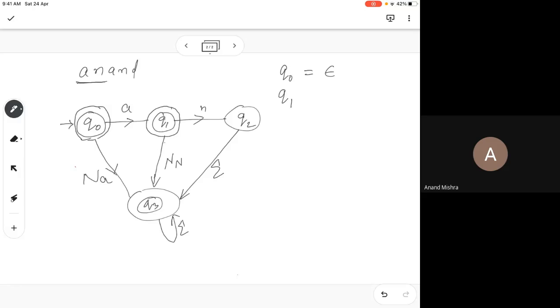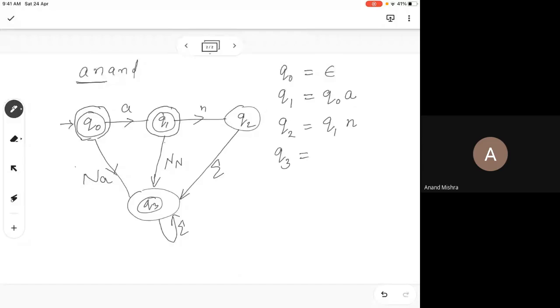Similarly, Q1 has one incoming transition, from Q naught, so I will write Q naught A. Q2 has one incoming transition again, from Q1, so I'll write Q1 N, right?